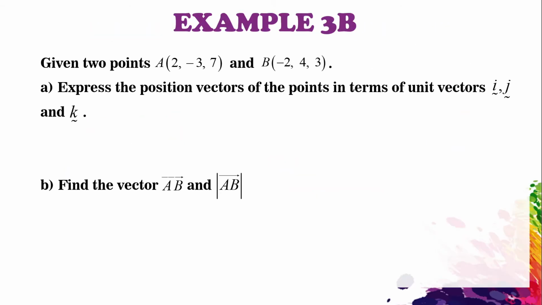Now, let's try example 3b. Given 2 points A and B, part A, express the position vectors of the points in terms of unit vectors i, j and k. For the position vector of A, it will be OA, and the position vector of B will be OB.